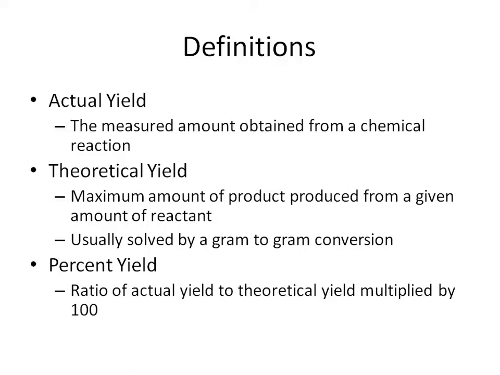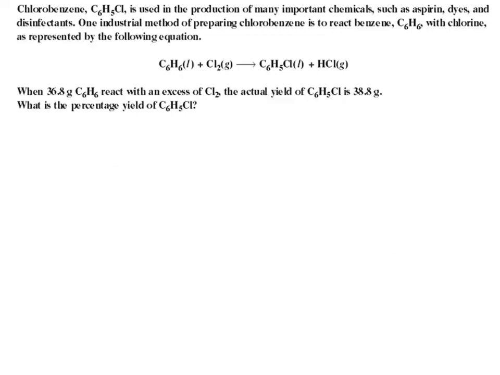So for a simple example, say our actual yield of product was 60 grams, but the maximum theoretical yield was 100. 60 divided by 100 would be 0.60, and then multiply it by 100, we'd have 60%. So 60% would be the percent yield for that one. And that's just a simple example. In this slideshow, I'm going to go over 5 examples with you.